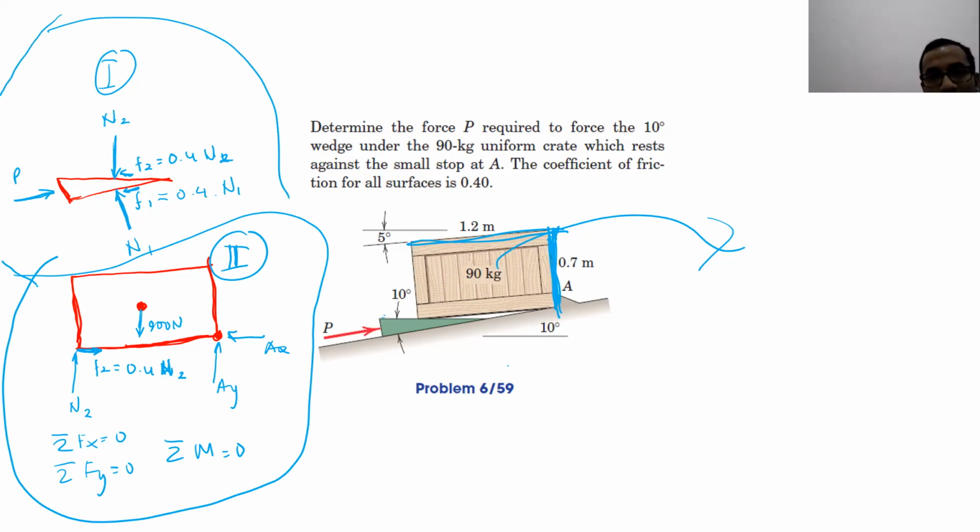So in that case, what equation are we supposed to use in order to solve for that? Sigma M. Yeah, sigma moment at which point? At A equal to 0. Yes, correct, Adam. Using that, what equation can we get?